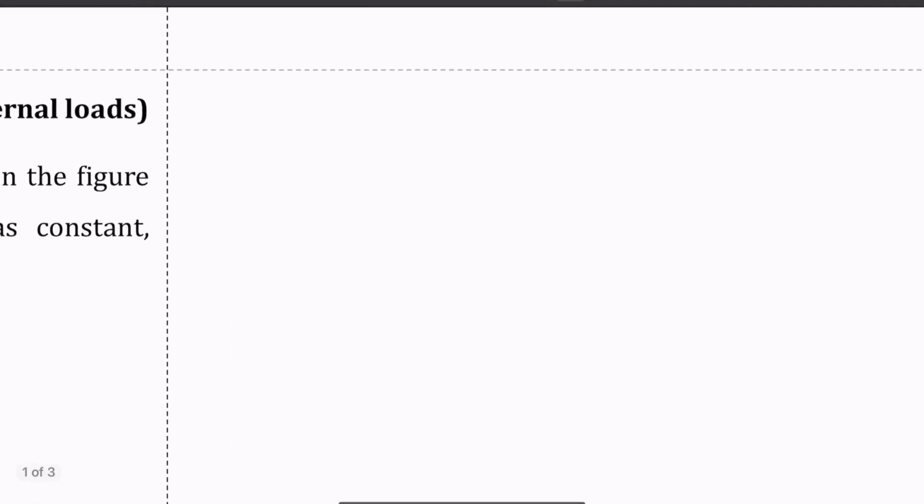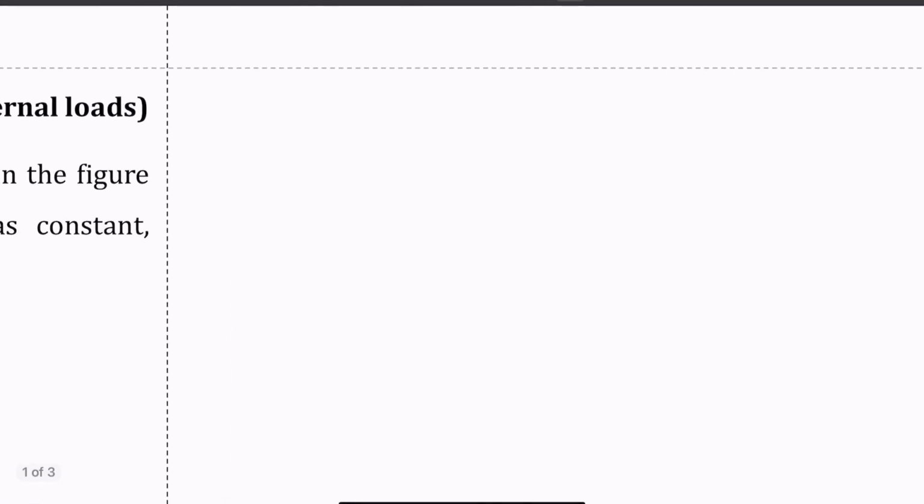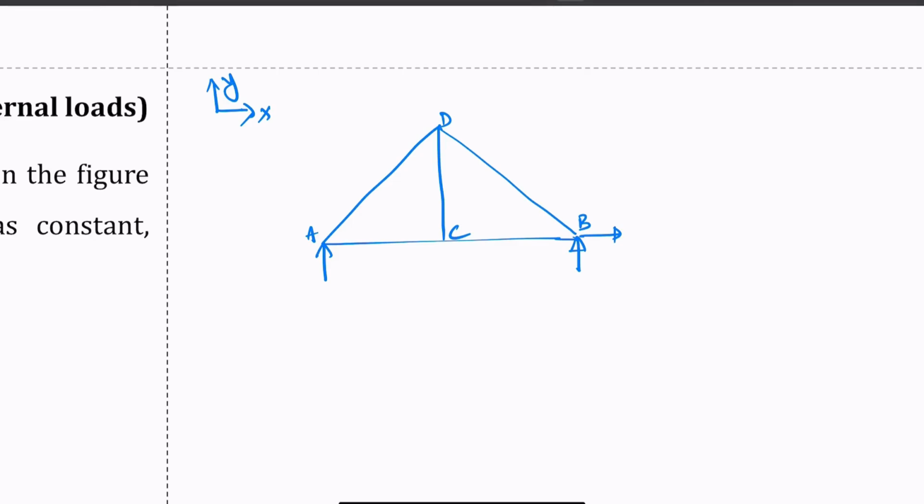For finding the unit load, all you have to do is draw the truss again. This is to find f due to unit load. Because we are interested in the horizontal deflection, we can assume that this horizontal load goes in this direction and we apply a unit load.